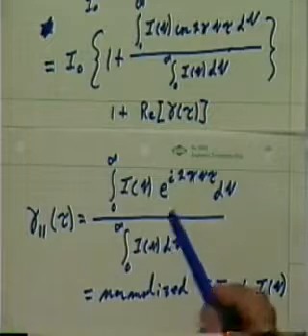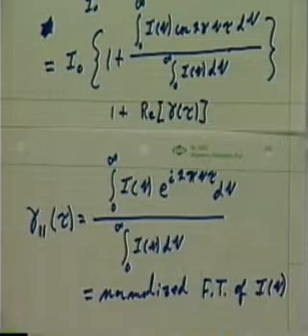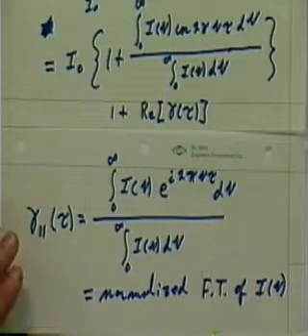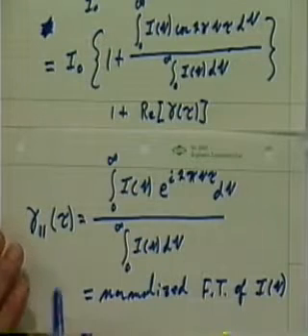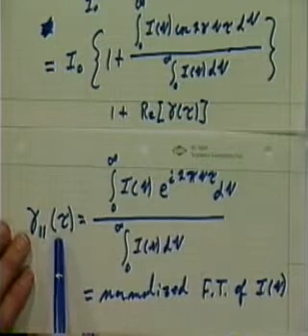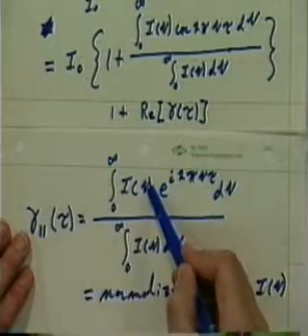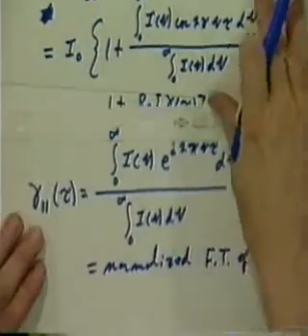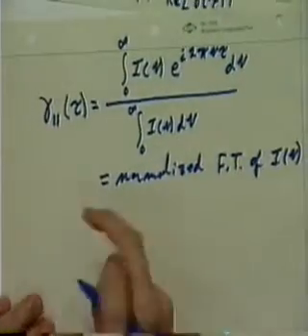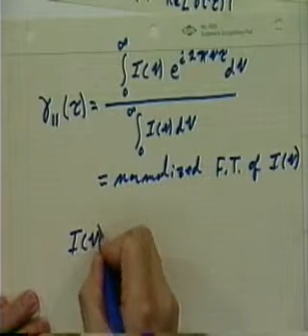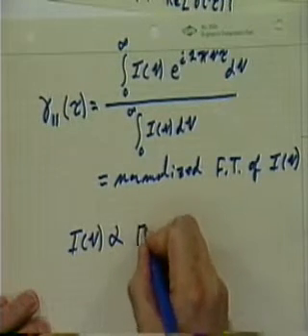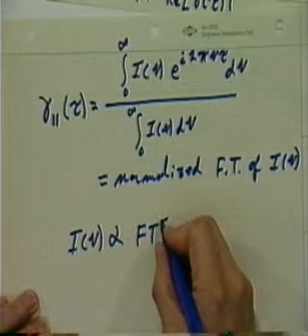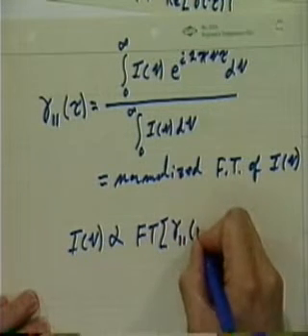And then once we get gamma, we could take the inverse Fourier transform of gamma and get back to the source distribution. So we could say that I of nu is proportional to the Fourier transform, or inverse Fourier transform, if you like, of gamma 1 of tau.